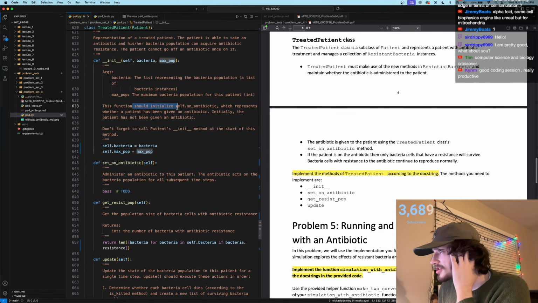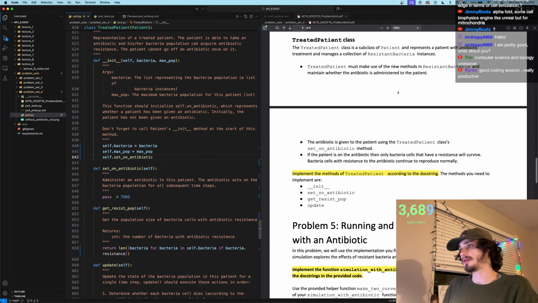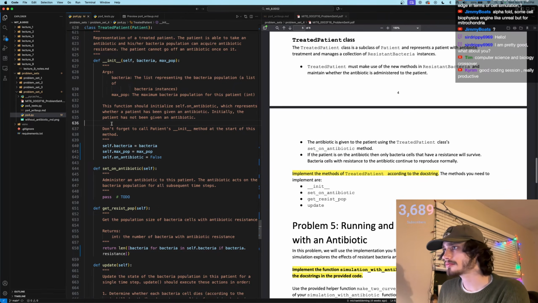This function should initialize self.on antibiotic, which represents whether or not. So we're going to create a self on antibiotic. We're going to set that equal to false, probably. Yeah. Don't forget to call the patient's init method.